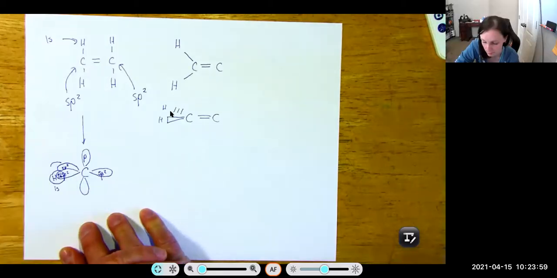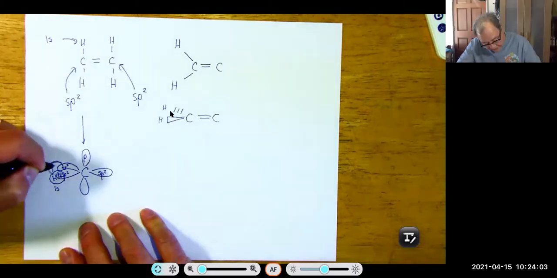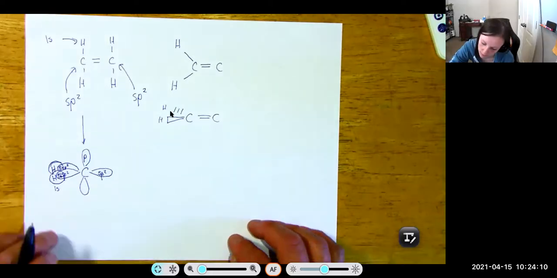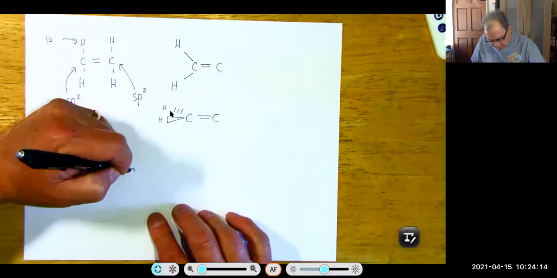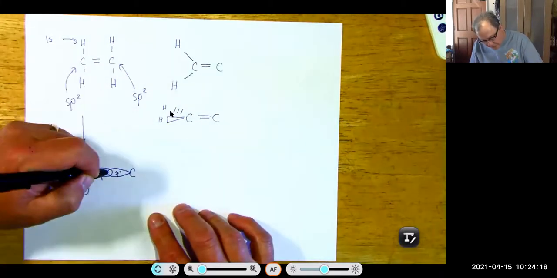That's happening up above too. You've got a hydrogen atom and 2 electrons in there. What's happening with the other carbon? With the other carbon, we're going to do this. And here you have an sp2 overlapping with an sp2.